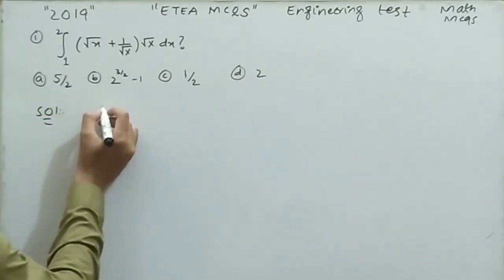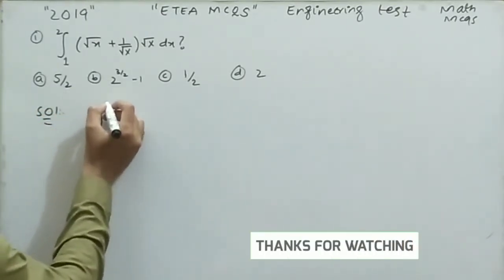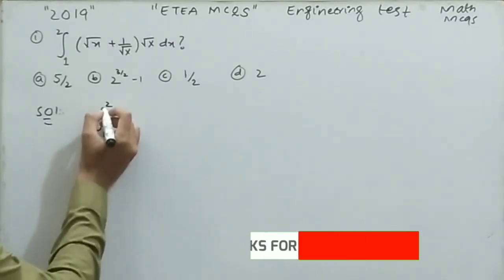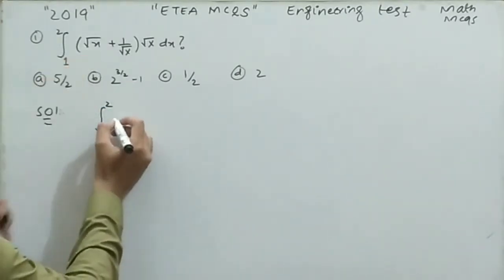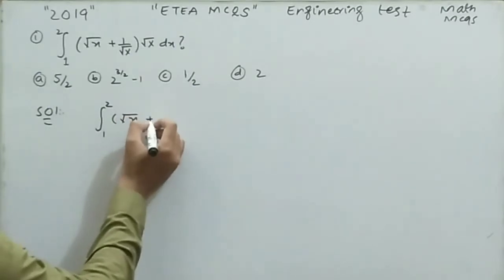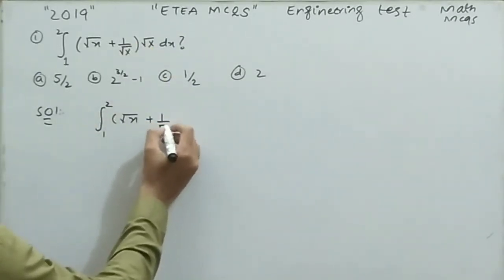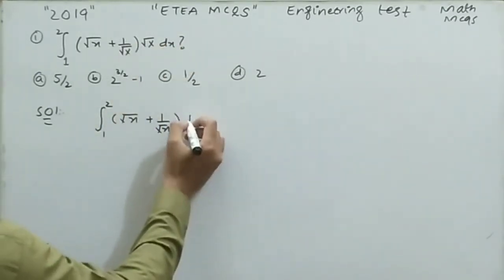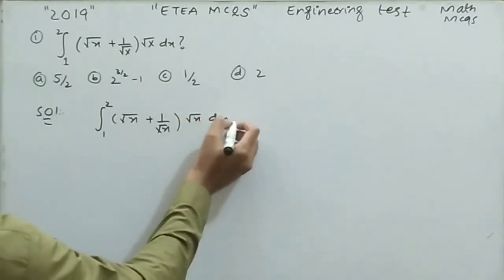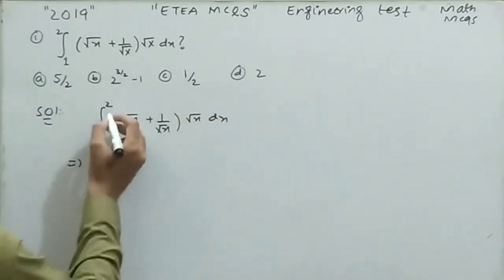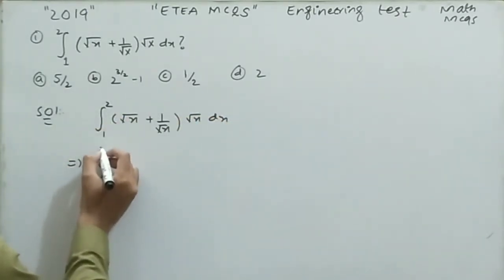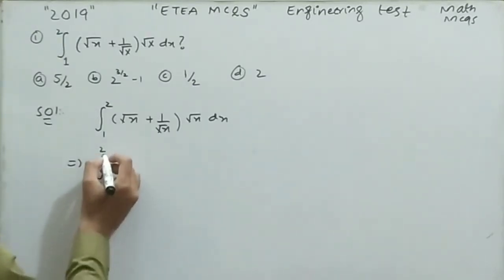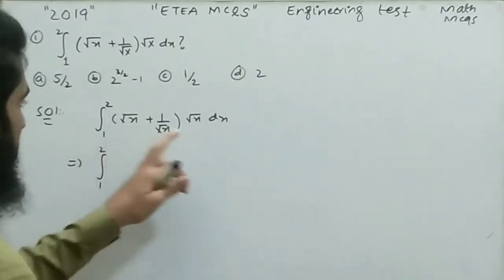Taking the given integral, the upper limit is 2 and the lower limit is 1. Over here we have (square root of x plus 1) divided by square root of x, into square root of x dx. Now after this step, this integral with upper limit 2 and lower limit 1 will come down as it is. Multiply square root x with square root of x.